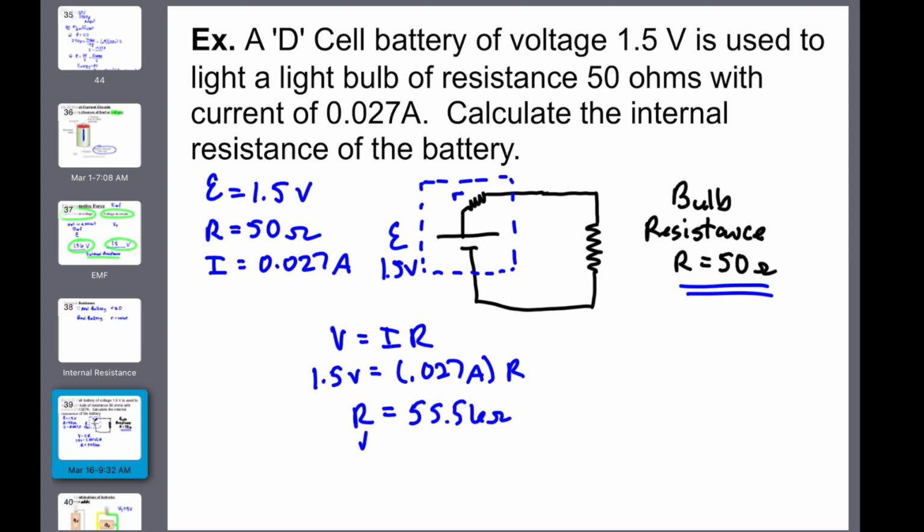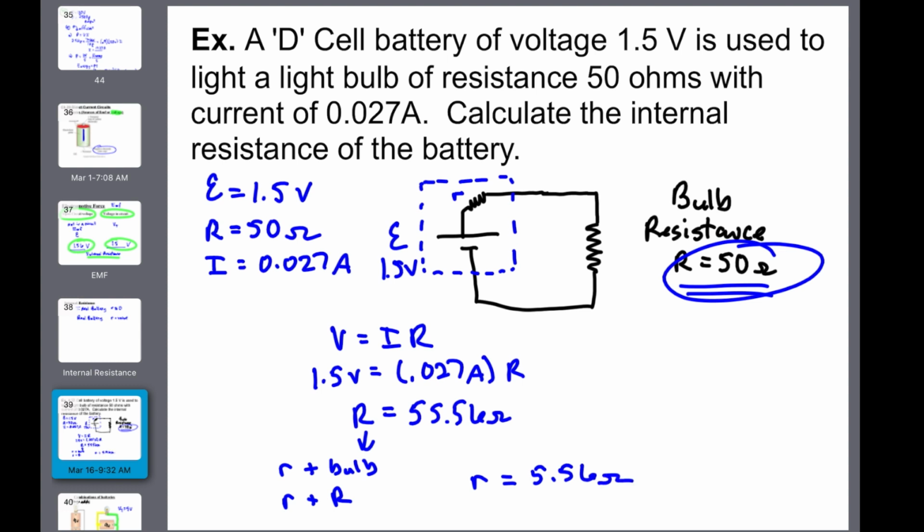This resistance is actually the internal resistance plus the resistance of the bulb. So our internal resistance would be the difference, minus the 50, or about 5.56 ohms.